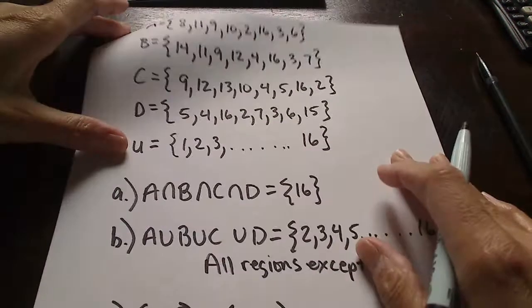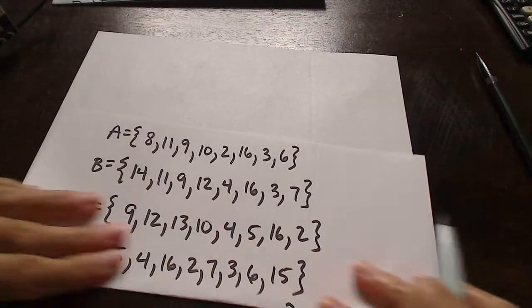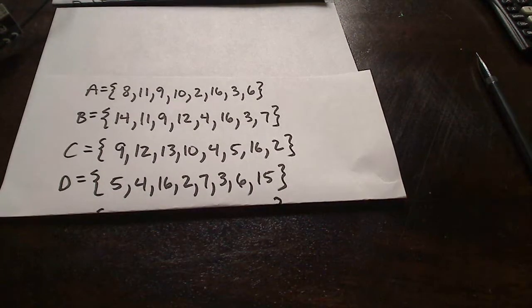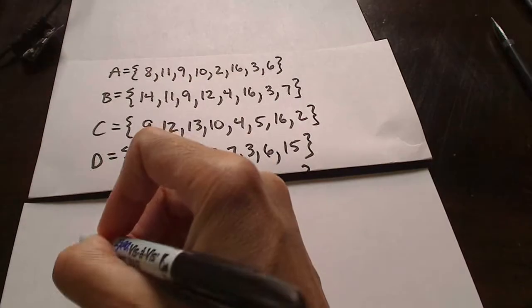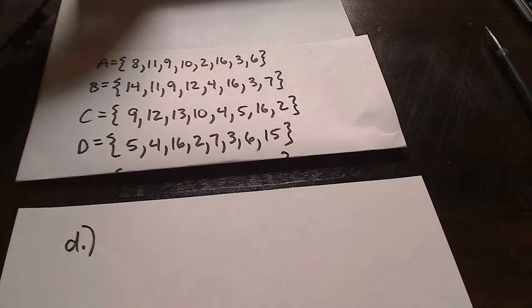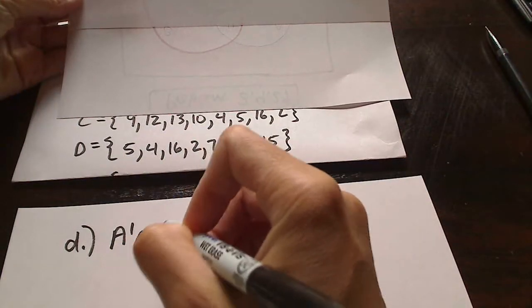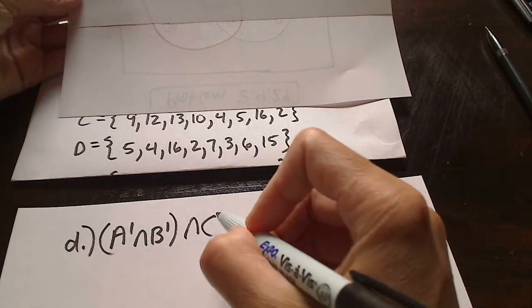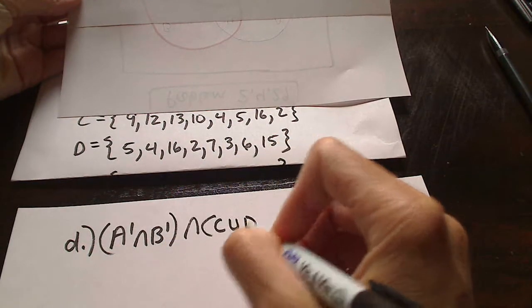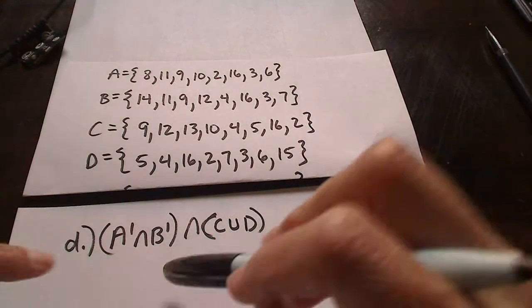All right, and then in part D, they are asking us to identify, I don't remember, let's look. So A naught intersect B naught intersect C union D. Okay, so again, we're just going to go ahead and work with these separately.